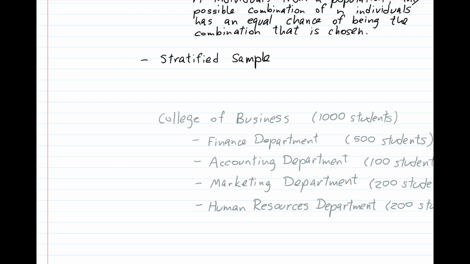Let's pretend that you're going to take a sample of, how about we'll say 100 students. And you want this sample to accurately reflect the proportionality of the departments in the college.